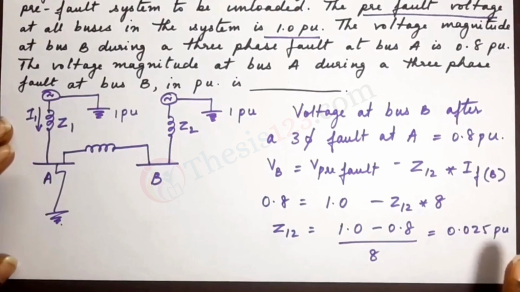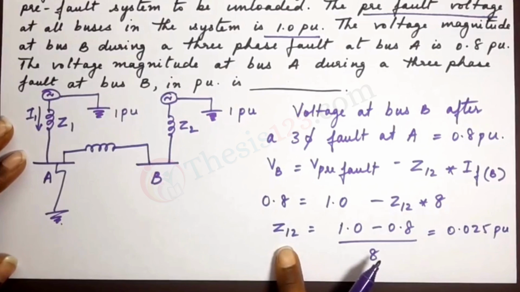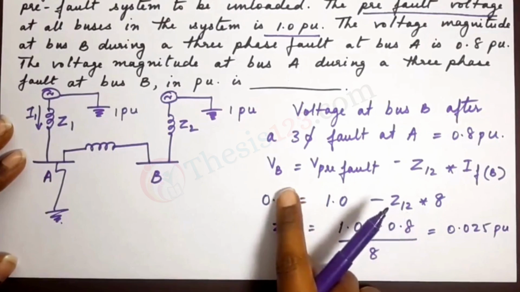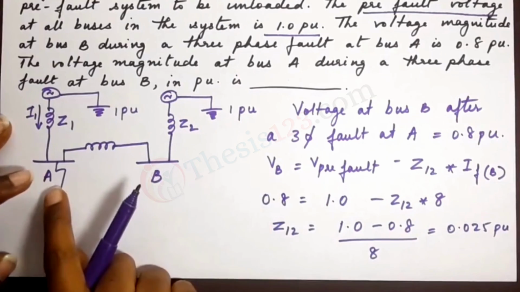Now that we have Z12, which is the same as Z21, we can apply the same formula for VA.